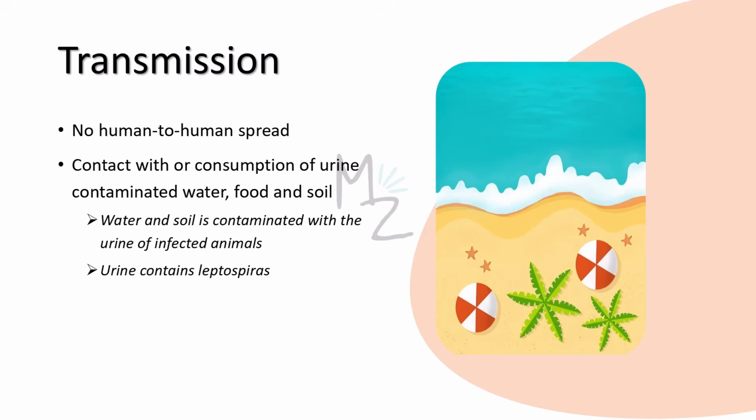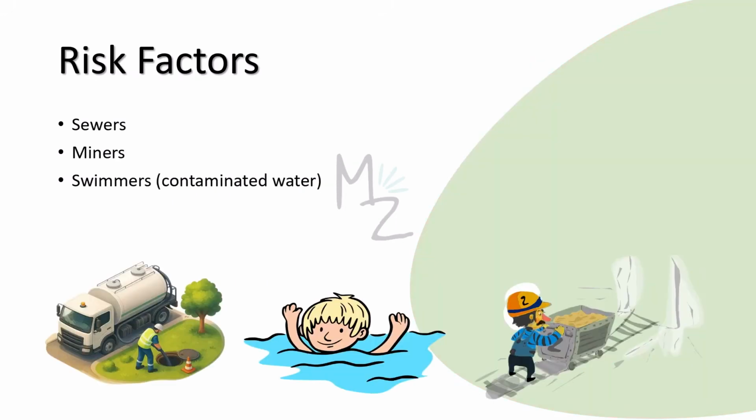That's why water and soil are contaminated with urine of infected animals, and urine contains leptospiras in it. Risk factors. They're associated with the profession of the person, like sewers, miners, swimmers. If any individual swims in contaminated water, that individual is prone to get leptospirosis.